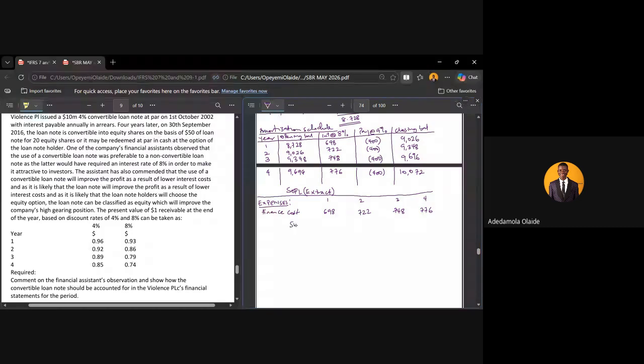Then in our statement of financial position extract, for years one, two, three, four, we have equity.